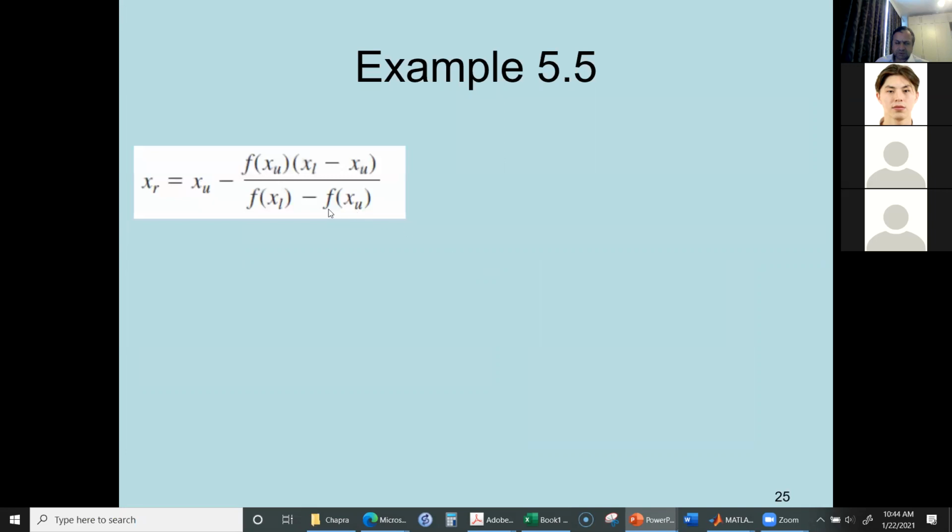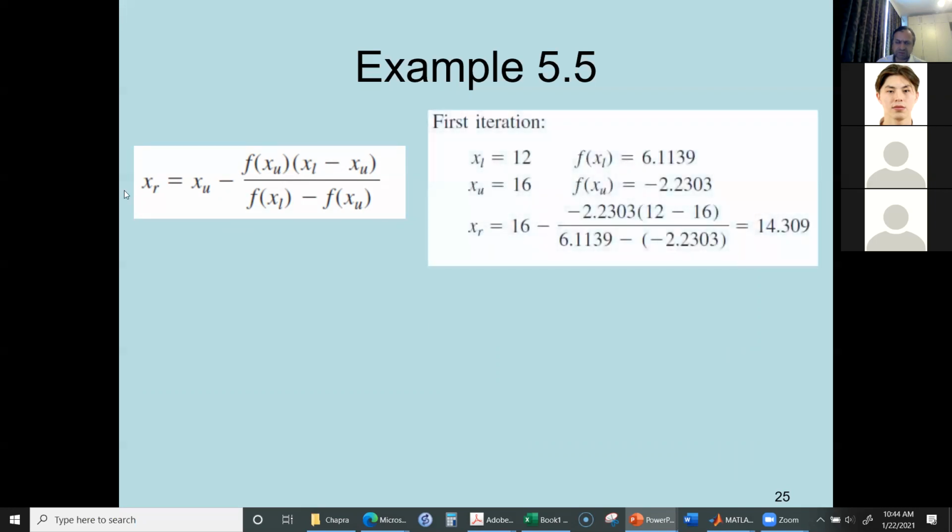So we can apply this formula. Remember that this is not the formula I just explained in the previous slide. This is another form of the same formula. You can apply either of these two formulas. First of all, we will determine the value of xr from xl and xu.